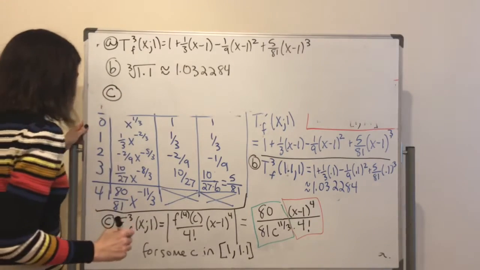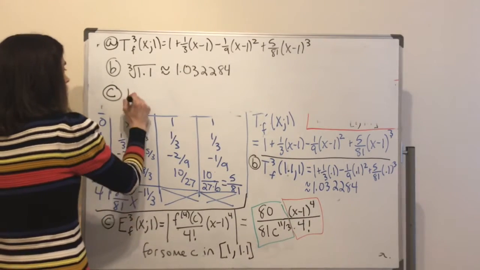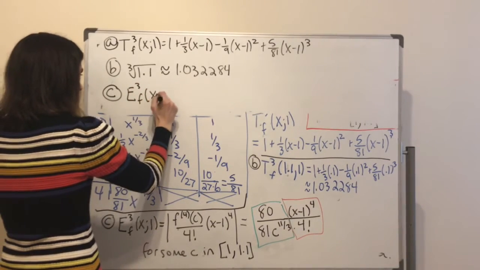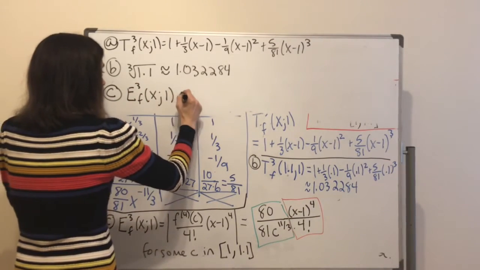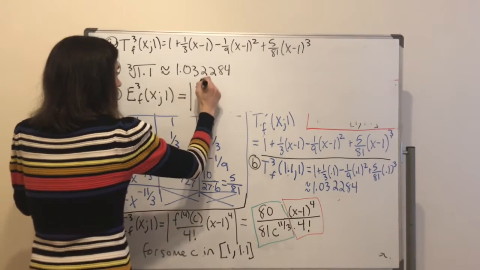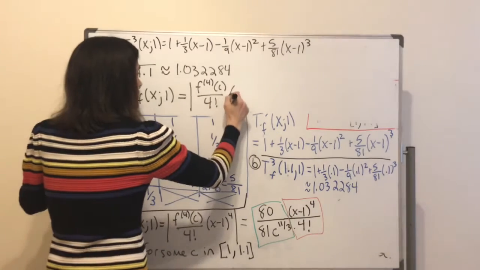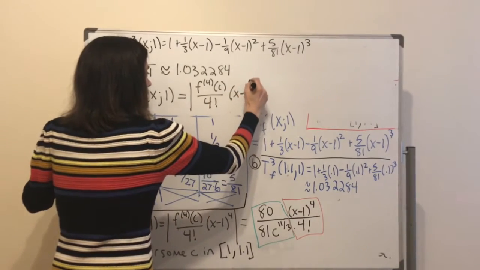And I'm going to recopy part of this. This is equal to the absolute value of the fourth derivative at C over 4 factorial, x minus 1 to the fourth.